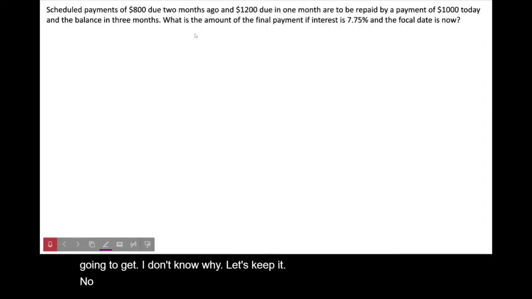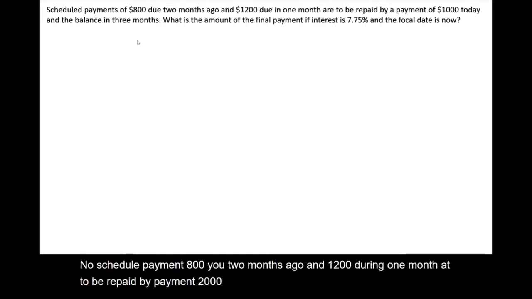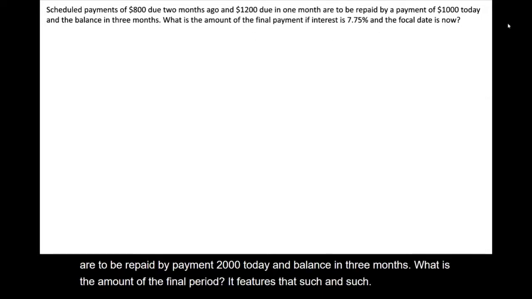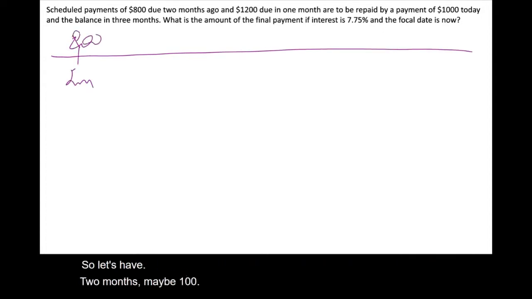Scheduled payment 800 due 2 months ago and 1200 due in 1 month are to be repaid by payment 2000 today and balance in 3 months. What is the amount of the final payment if interest is such and such? So let's have 2 months, 800. Now 1 month, 1200.